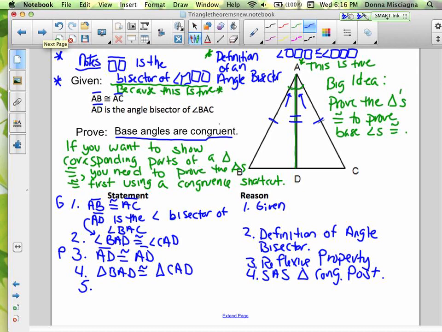Therefore, I know the base angles are congruent, but let's name those angles. Angle B is congruent to angle C, and those are the base angles in the triangle. How do we know? They're opposite.